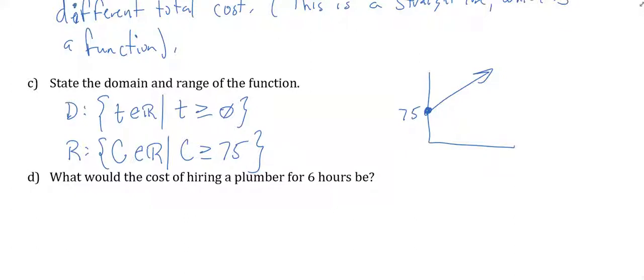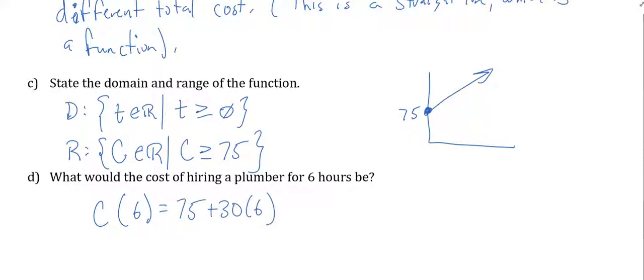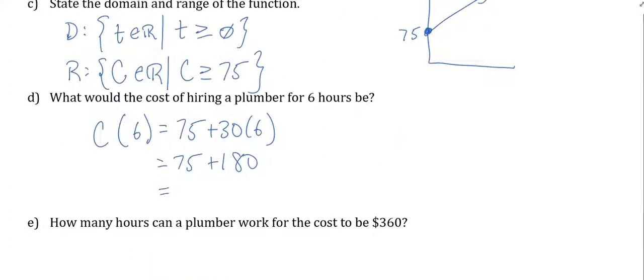What would be the cost of hiring a plumber for 6 hours? So that's C at 6 equals 75 plus 30 times 6. So that's just plugging in and solving like we've been doing, 225.